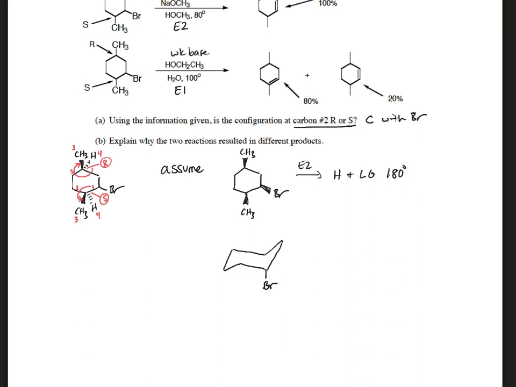There is a methyl right next door to it, next carbon over, and that methyl is cis to the bromine. So the bromine's down, so the methyl will be down. So I'm going to put that right here. And then not next door, so not that carbon, but the next one removed.